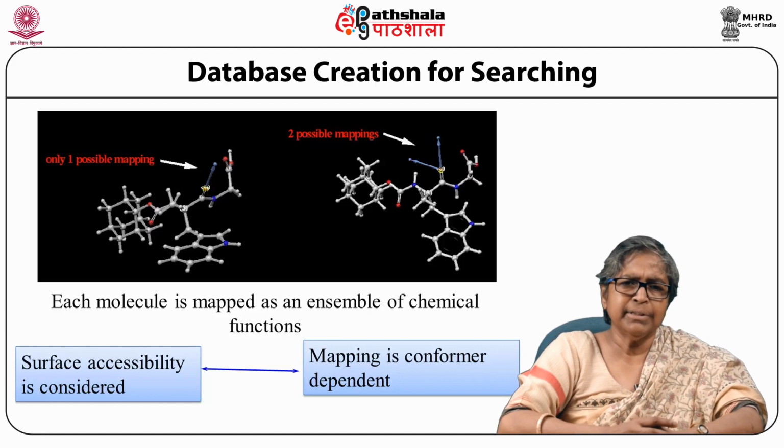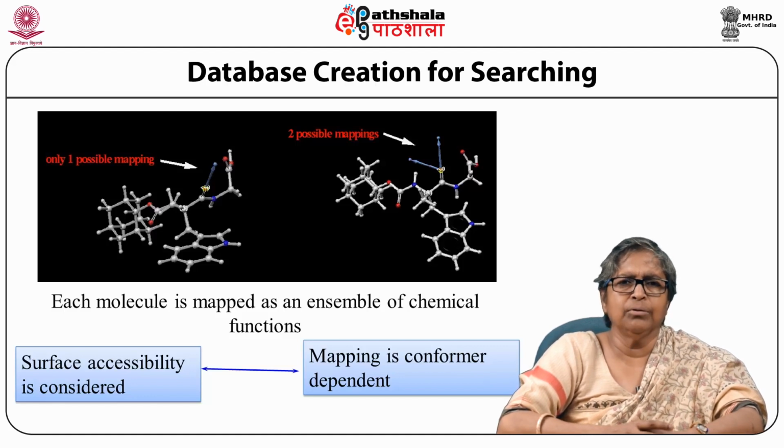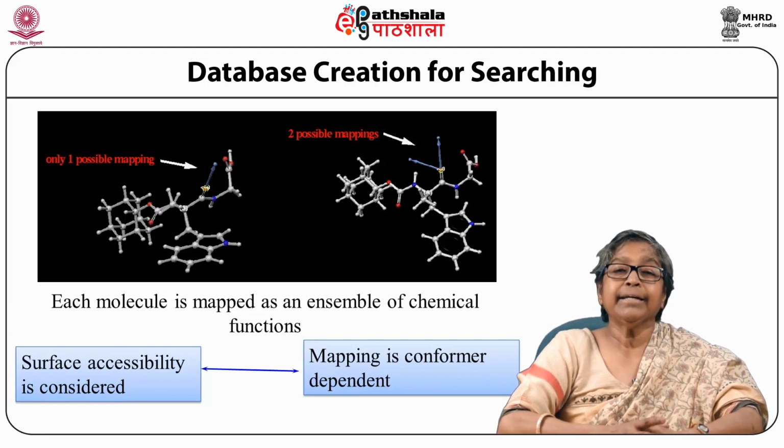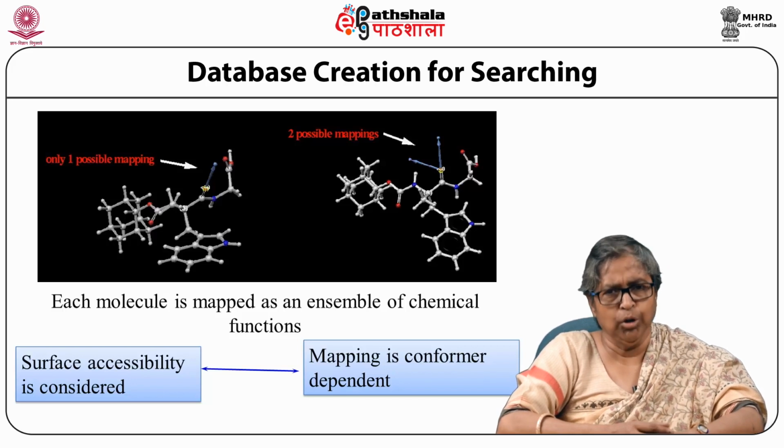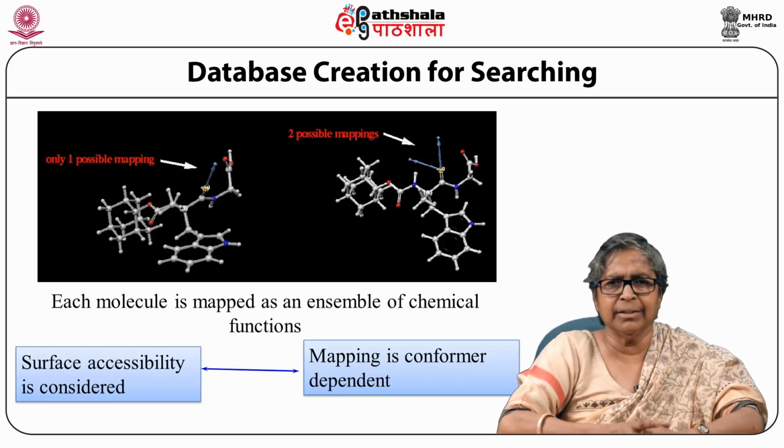So as I've described, pharmacophores are not just chemical depictions of features, they can be ensembles. So there is an opportunity of two different molecules mapping to the same features in two different directions.